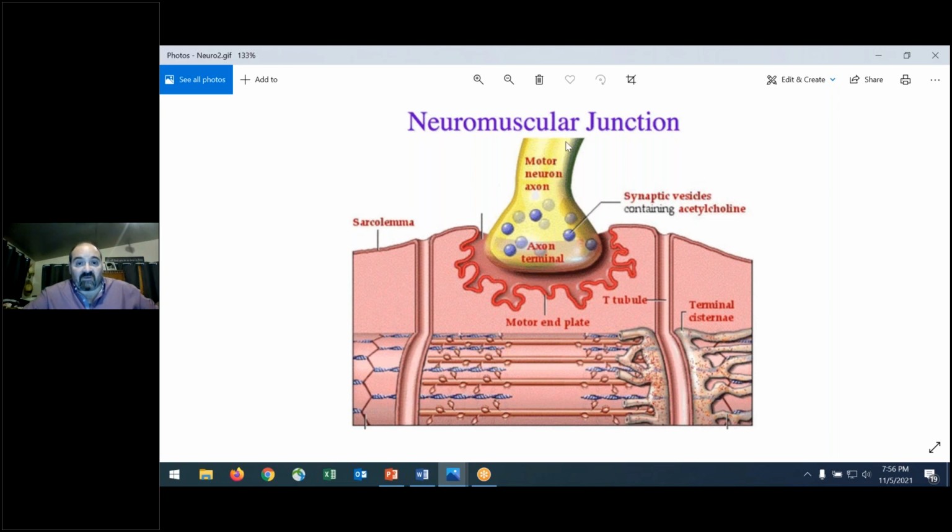So we have an electrical event, chemical event, electrical event. Do you see that? An electrical event on the nerve, a chemical event in the synaptic cleft, in that space, and then an electrical event will occur again here at the motor end plate and then be passed throughout the plasma membrane of the muscle fiber and enter deep into the muscle fiber via the T-tubule. Okay.